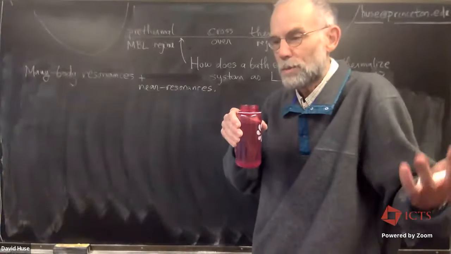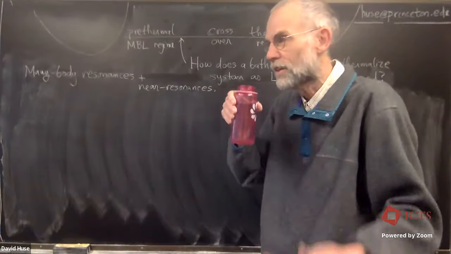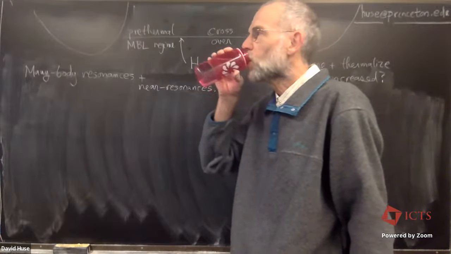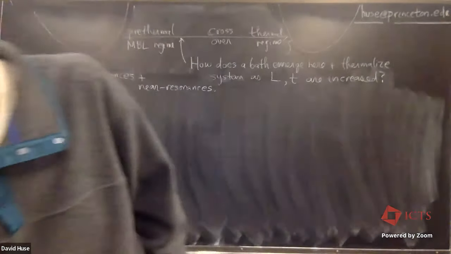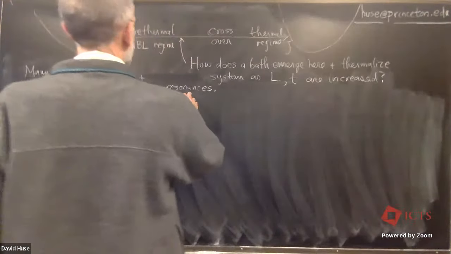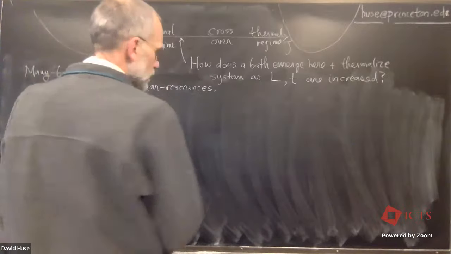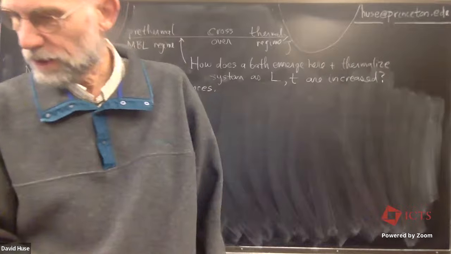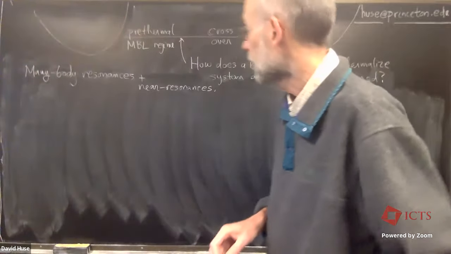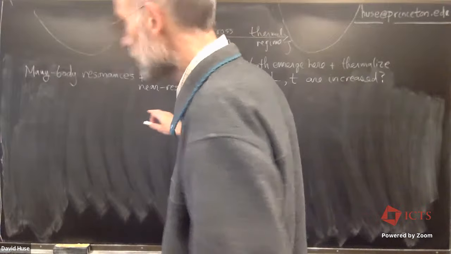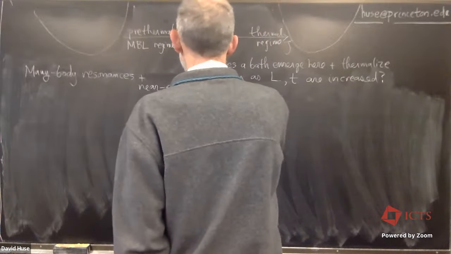So it was sort of boring looking at the MBL phase because people hadn't found what to look for that's interesting. Okay, and so this is what I want to tell you about: many body resonances and near resonances. And the papers I mentioned before from Crowley and Chandran and Long, Crowley, Kamani, Chandran are about resonances.